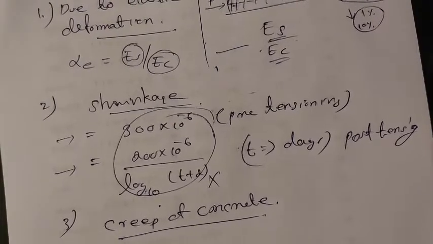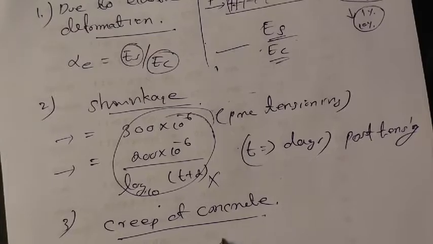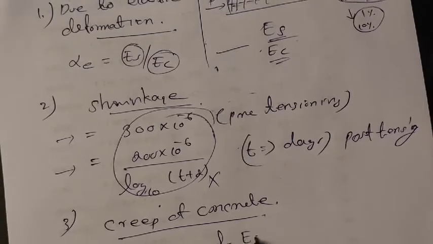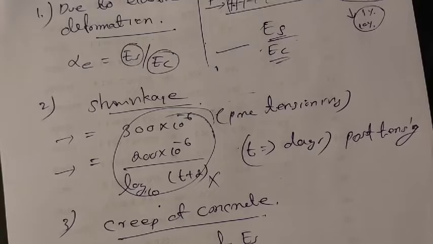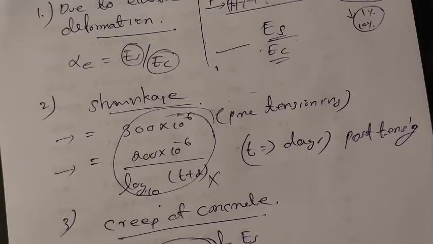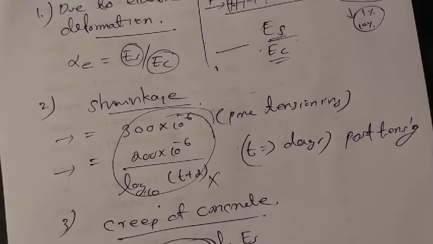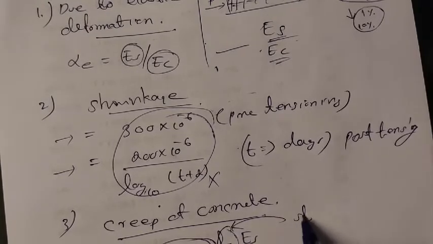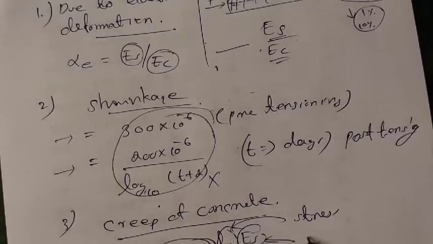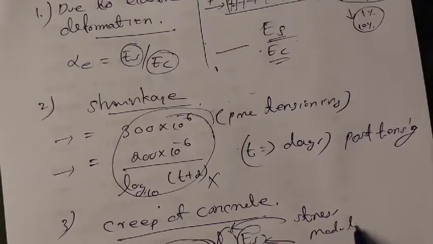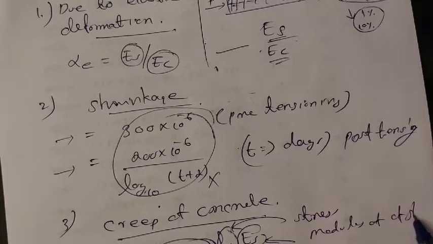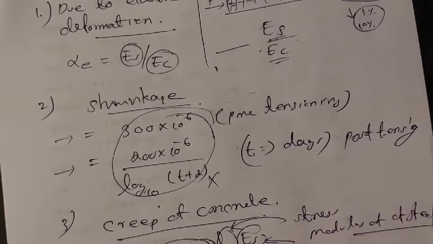It will be calculated by epsilon cc times fc times Es. Epsilon cc is the ultimate creep strain, fc is the stress value, and Es is the modulus of elasticity of steel.